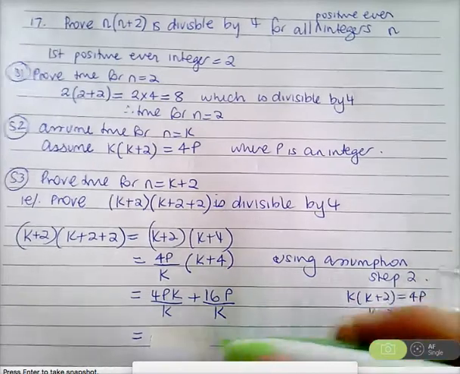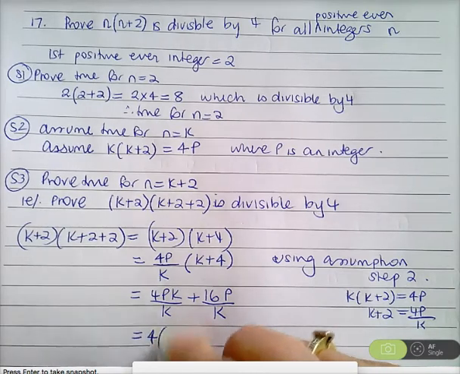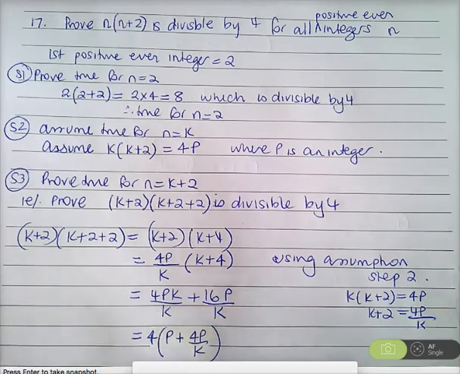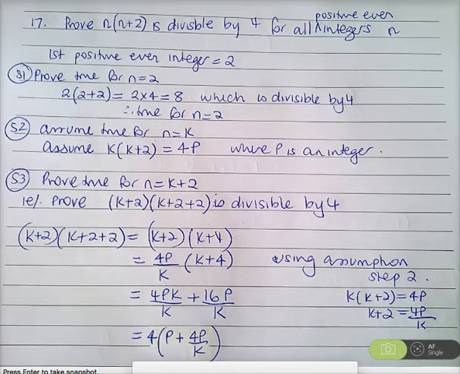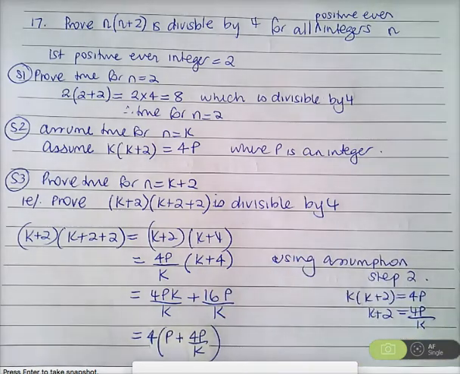Why don't I just bring out the 4? 4 times p plus 4p on k, because these k's cancel, don't they? Yes, that's divisible by 4 because k is just a number, p is just a number. But look, it's 4 times something.